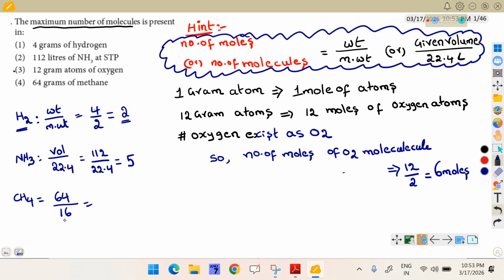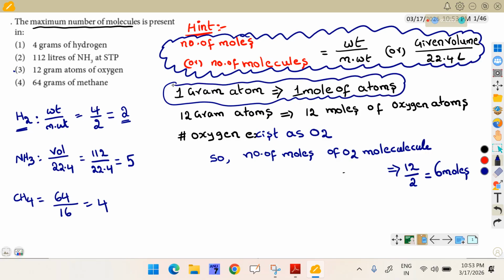CH4, 64 by 16, then 4 moles, and one more option is given, 12 gram atoms of oxygen. What is gram atom? 1 gram atom is equal to 1 mole of atoms. 12 gram atoms is equal to 12 moles of oxygen atoms.